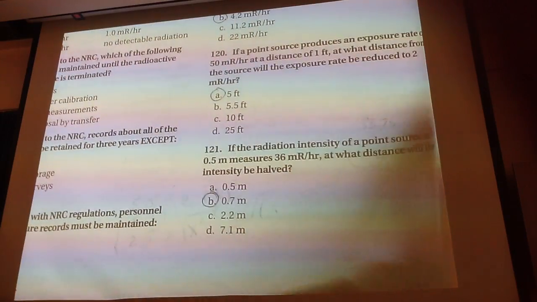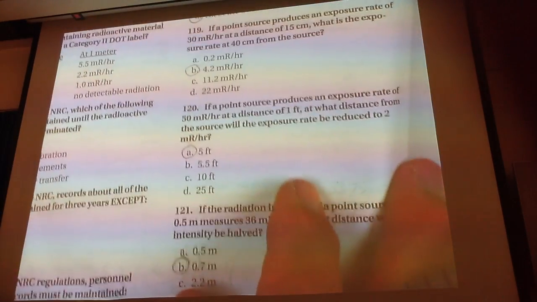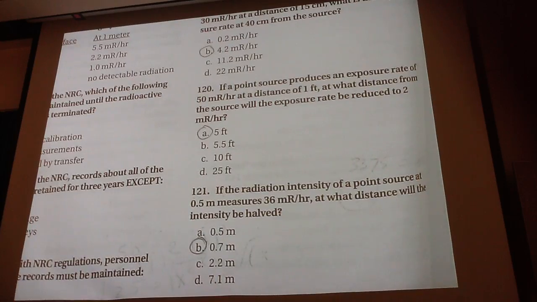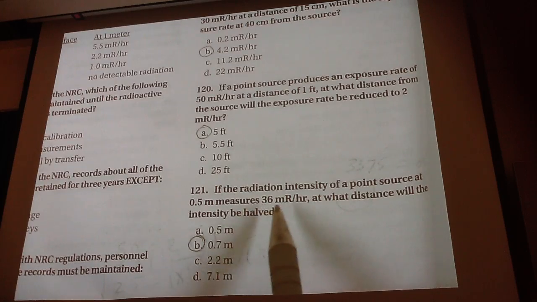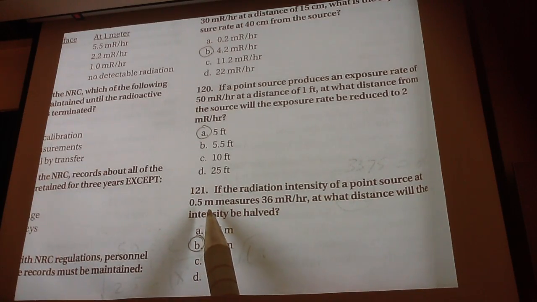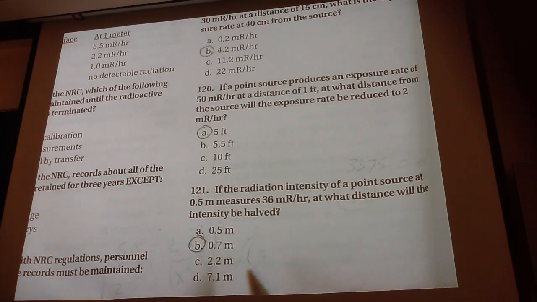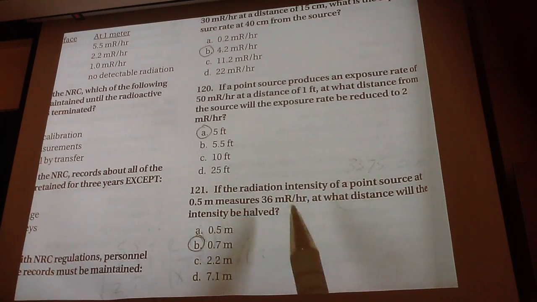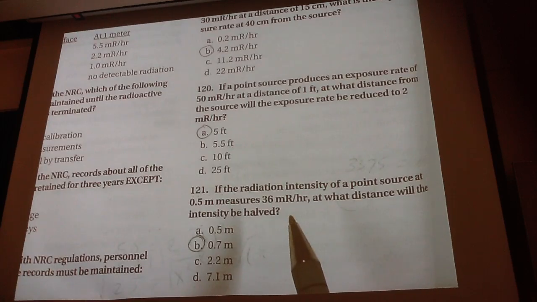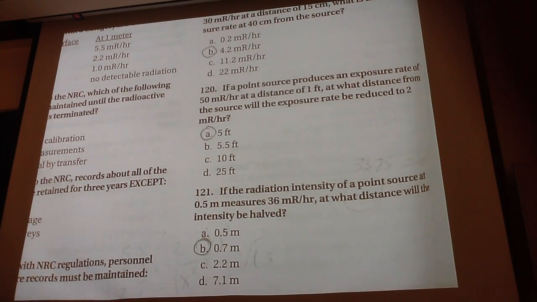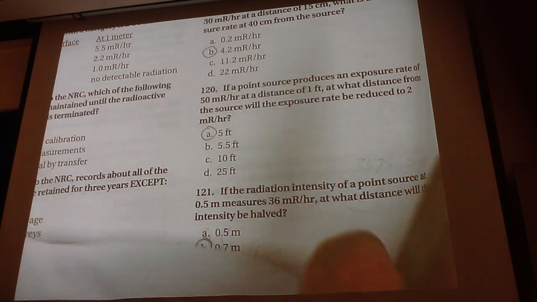The next thing here, if the radiation intensity of a point source at 0.5 meter measures 36 MR per hour, at what distance will this intensity be halved? Okay, so again, same type of situation. 36 MR times 0.5 squared. Now, 36 divided by 2 is 18. That's half.